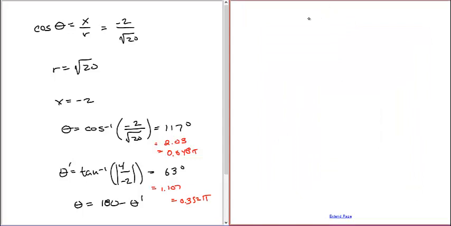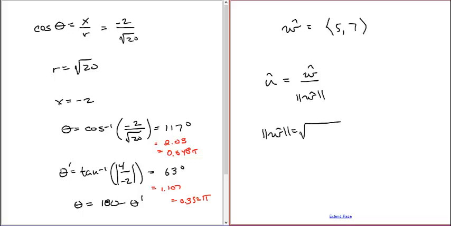Okay, next one, you're given some vector W, which is in the first quadrant, and I asked you to find the unit vector. So I'm going to call U the unit vector, and that's equal to the original vector divided by the magnitude of the vector. So all we have to do is find the magnitude of the vector, which is the square root of 5 squared plus 7 squared.